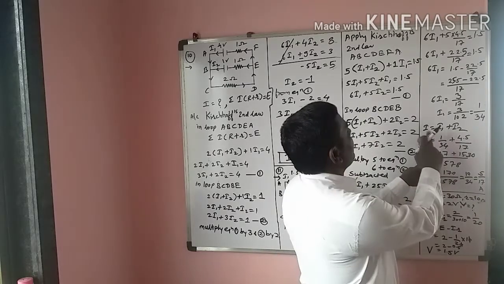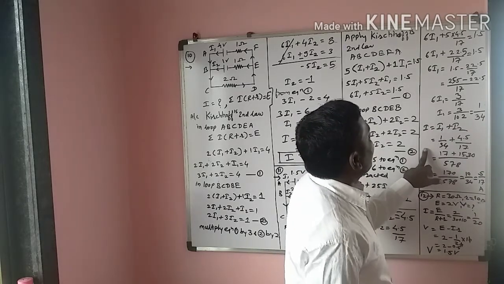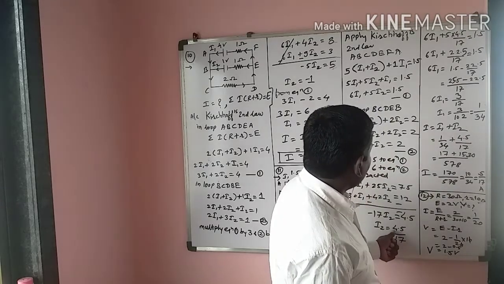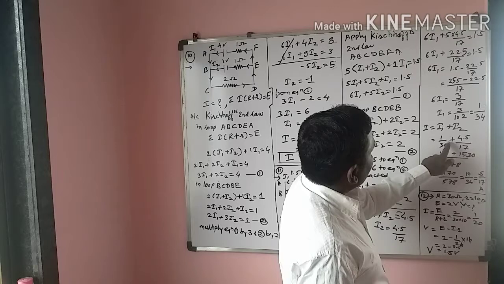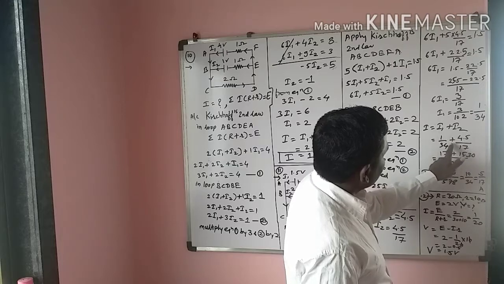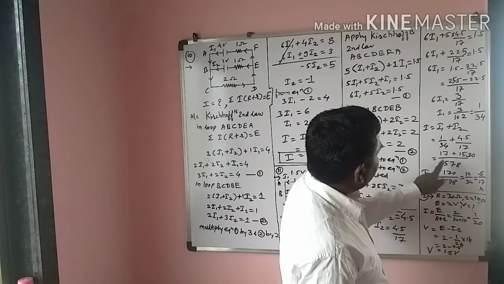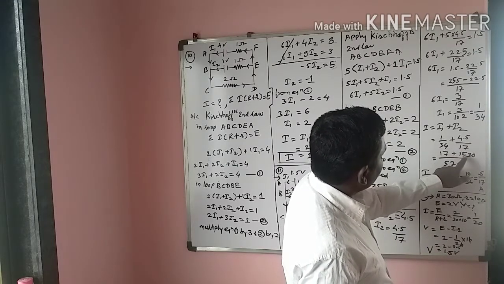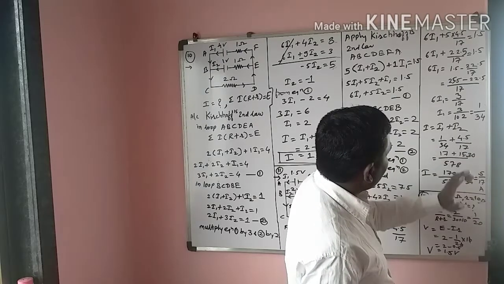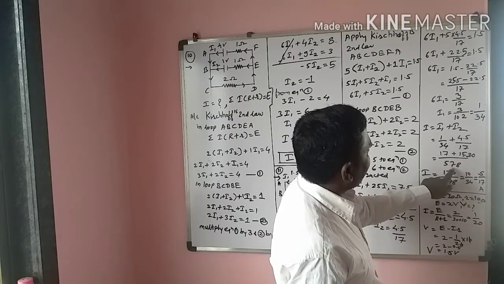Here total current I is equal to I1 plus I2. I1 is how much? 1 upon 34, and I2 is how much? 4.5 upon 17. Again the denominators are not the same, so we take cross multiplication, and multiplication in the denominator. Then we get 17 here and 153 in the denominator. Multiplication of 17 by 34, we get 578.